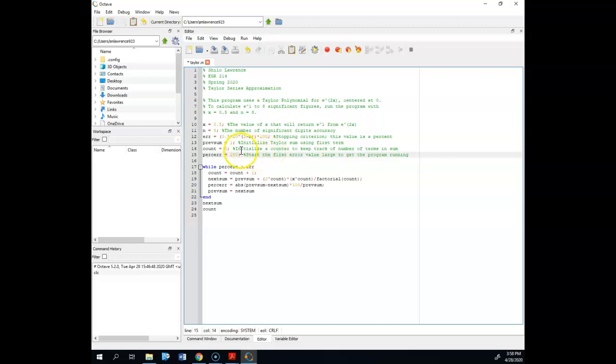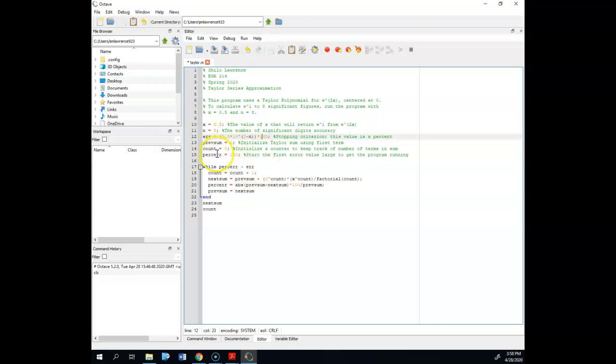So I start this value out pretty large, knowing that I need my program to run at least once. And you can always check to make sure that the percent error that you chose to start with is greater than your ERR, your stopping criteria, so that you know this will run once.